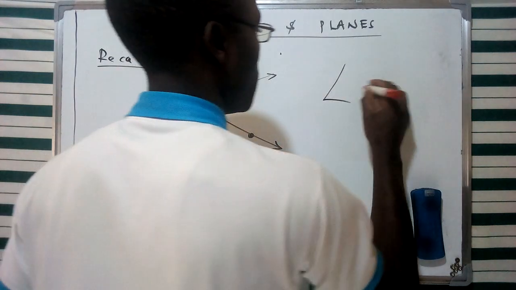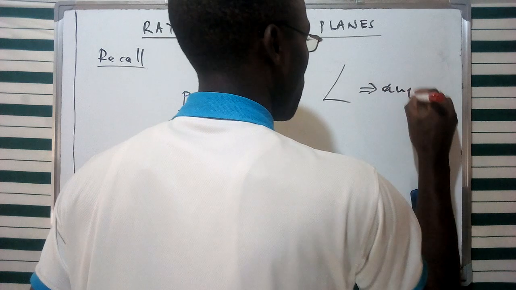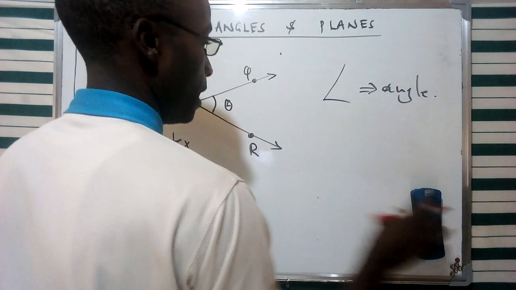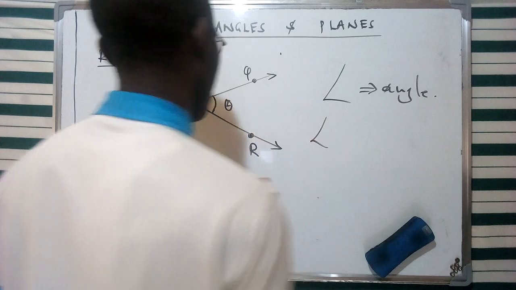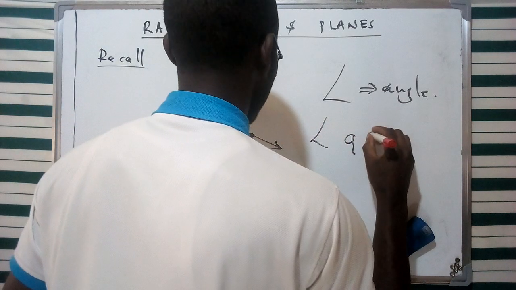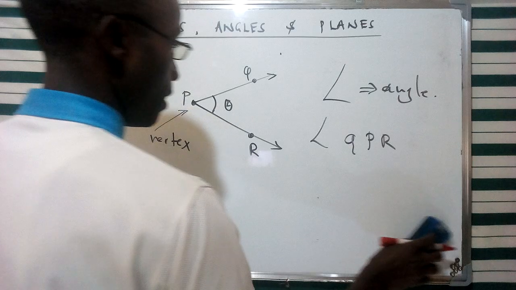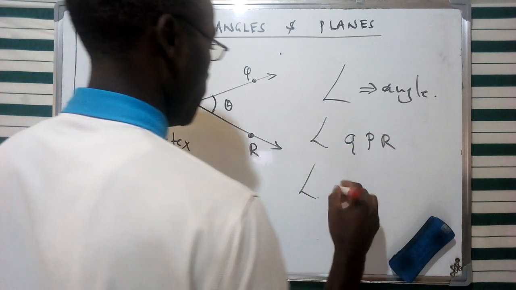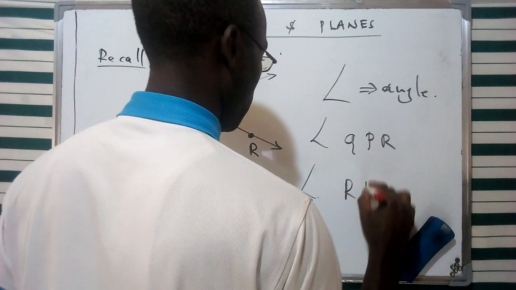In the particular notation, we use this specific symbol for an angle, and we can describe an angle in terms of notation as angle QPR, or in this specific case, we can describe this as angle RPQ.